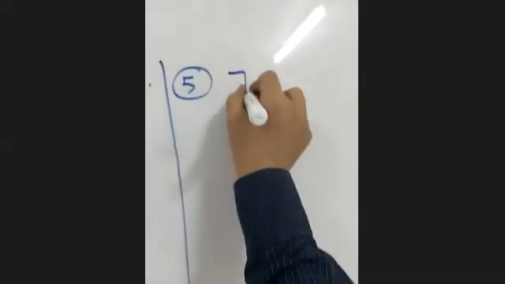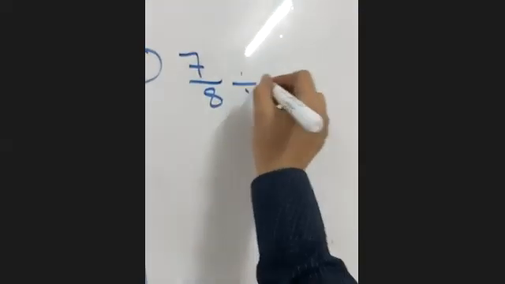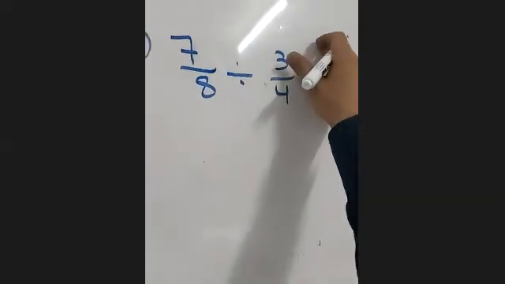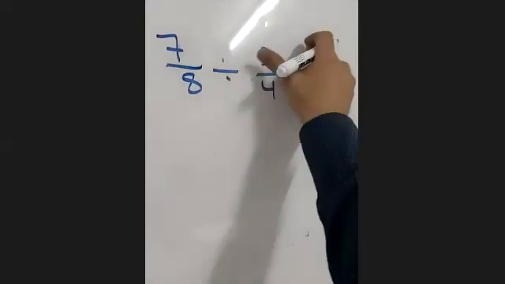So how many batches of icing can we make from this 7/8 pound of butter? So 7/8 divided by what, Hamza? 1/4.